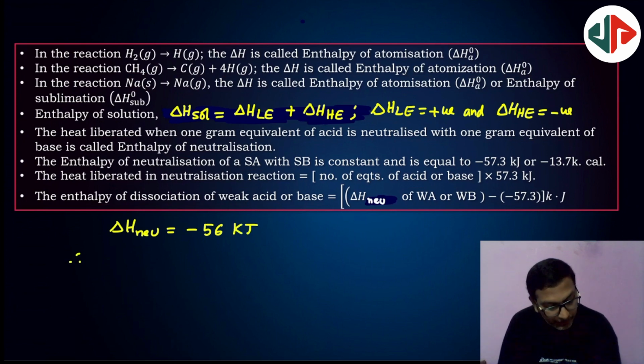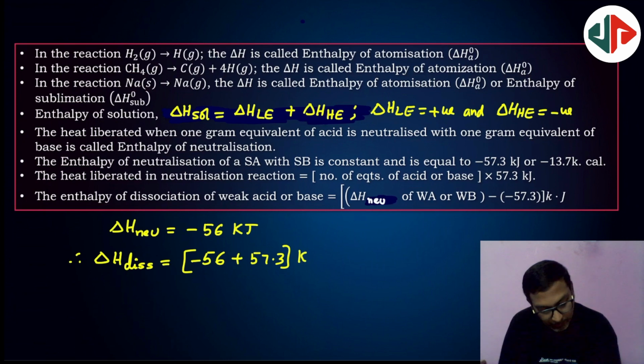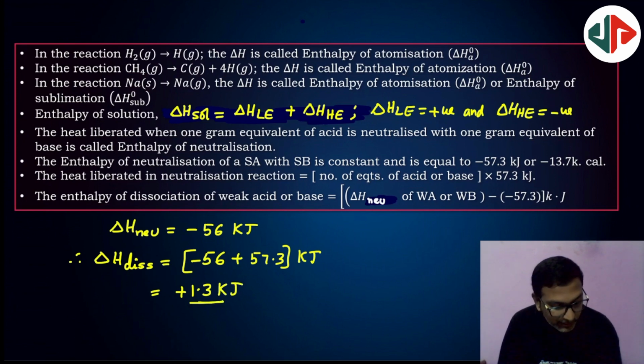Therefore, delta H of dissociation equal to minus 56 plus 57.3 kilojoules. So 57.3 minus 56, that means 1.3. So plus 1.3 kilojoules of energy used for dissociation of that weak acid or weak base. In this way you can calculate.